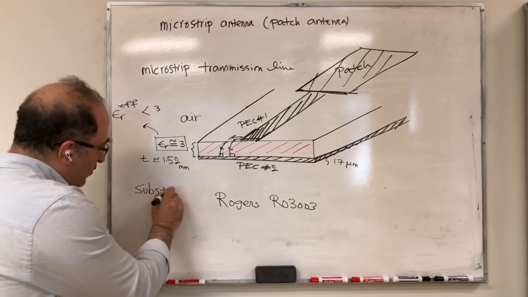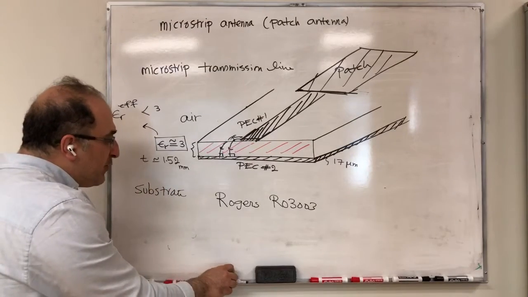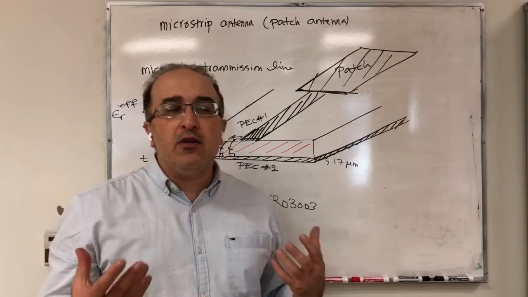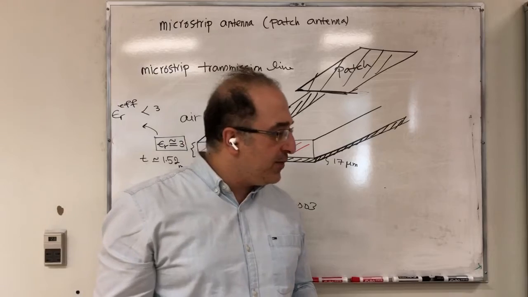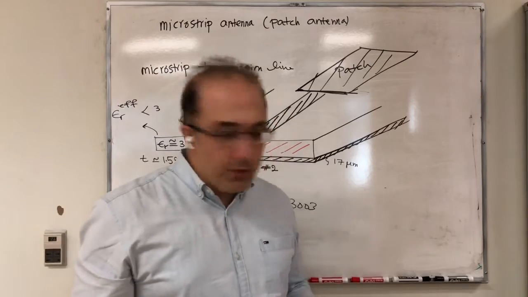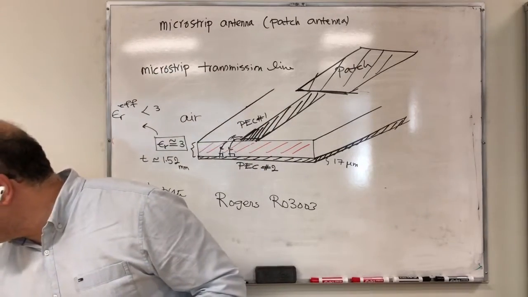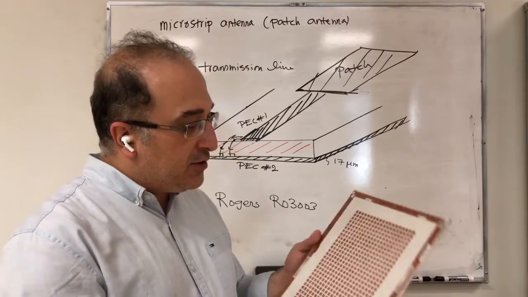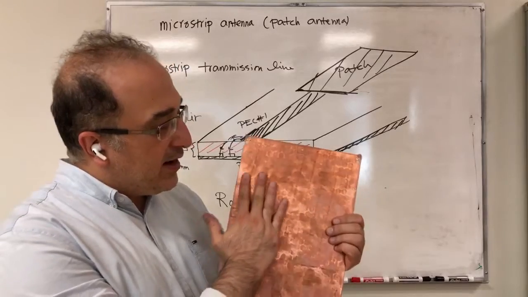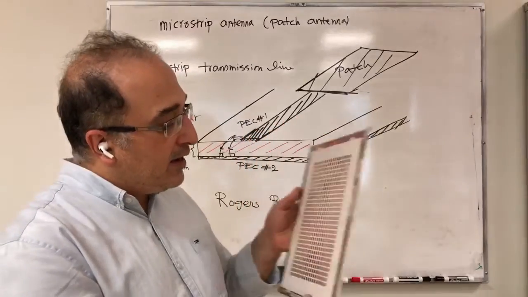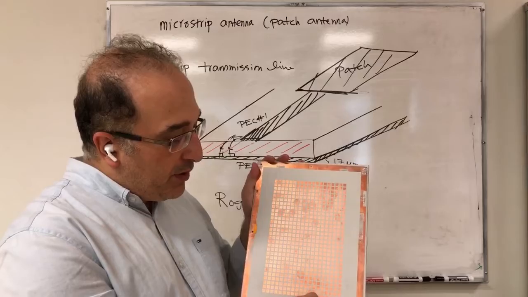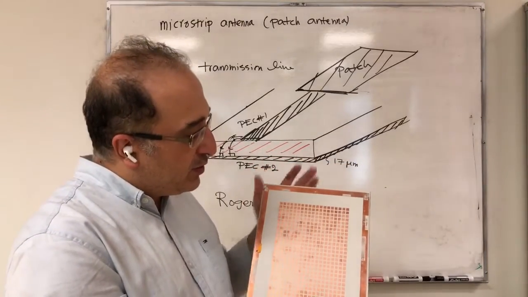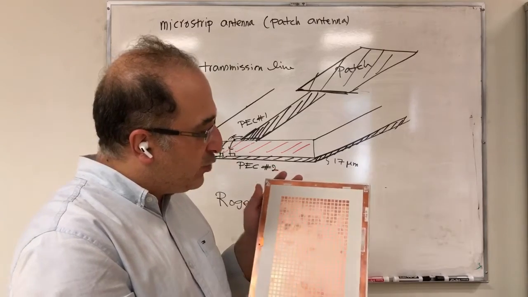And people do different things with these substrates. For example, you can create different structures. For example, this is the work of your TA. As you see, there is a ground plane in the back, and on the top there are some square patches for a different purpose. So this is related to a different work.